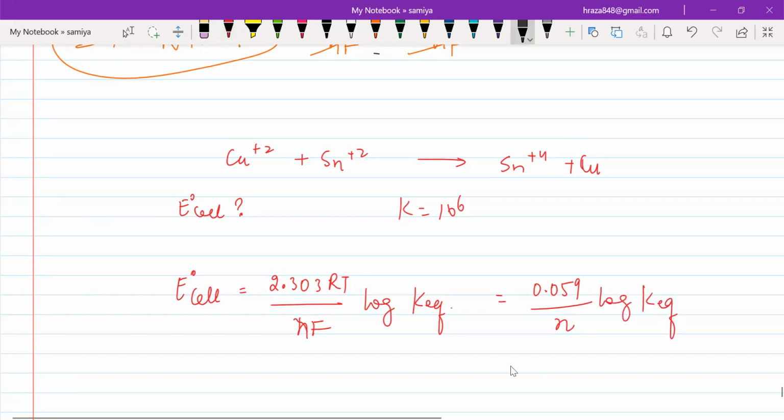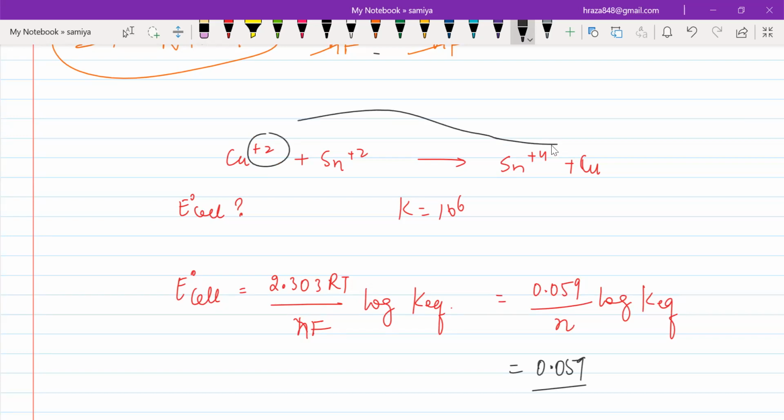So we just need to put the value 0.059 upon n. What is the number of n electron? You can see Cu plus 2 is going into 0 and Sn plus 2 is going into plus 4. That means the number of electrons transferred is 2, and log of 10 raised to the power 6. This will come here and it will be 0.06.